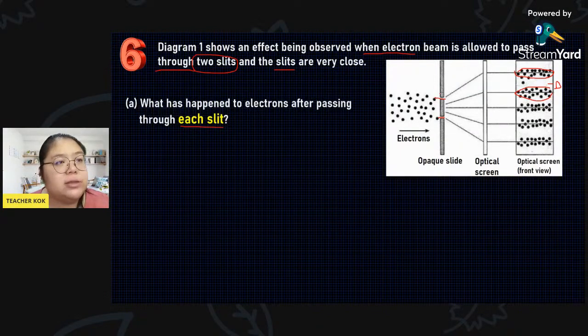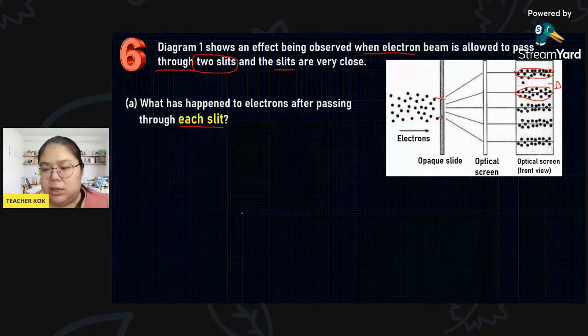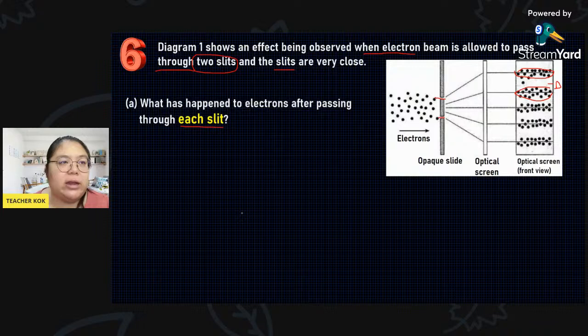The electron is already a wave, as Kiran said just now. When a wave goes through a single slit, what happened? The students still do not know how to answer. Think about the phenomena we learned before in the chapter on waves. All the Form 5 students forgot already, what we learned in Form 4 about waves.